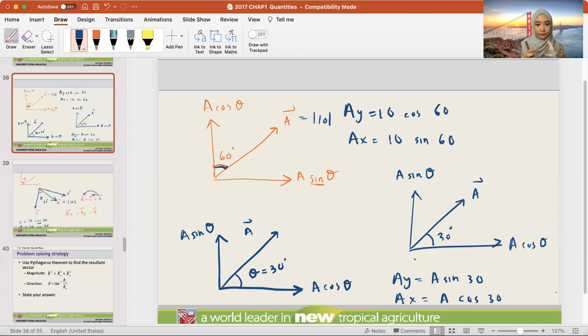It's the same. As long as you know the angle is touching the component that you're solving for, you use cosine. This one is touching this one, so this gets the cosine. The angle is touching here, so this one gets the cosine.